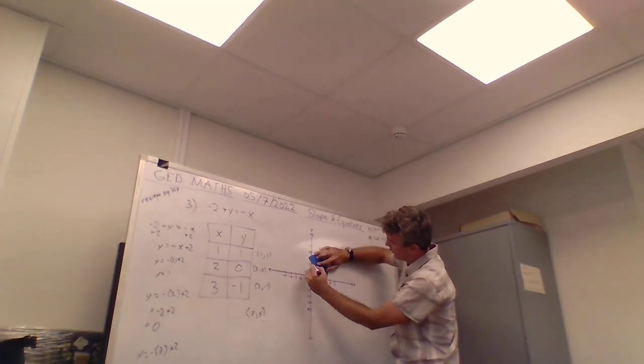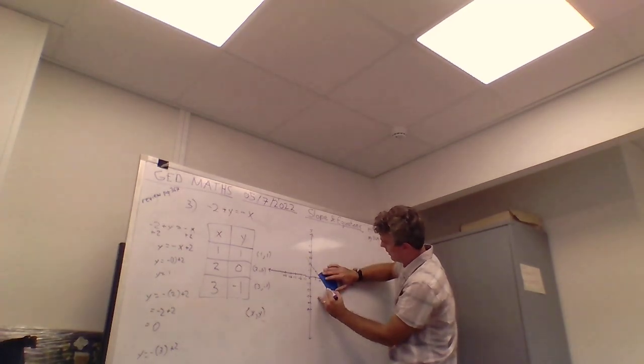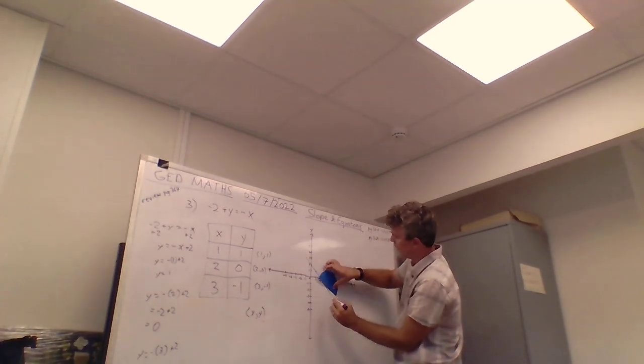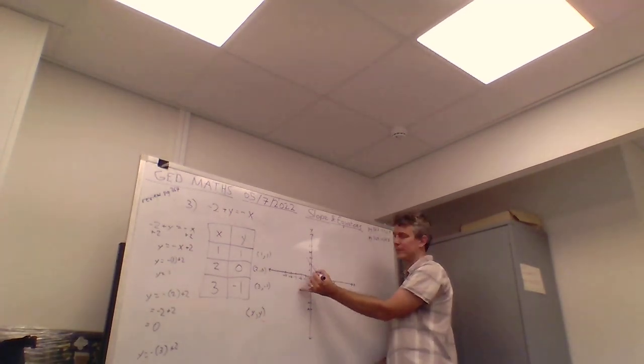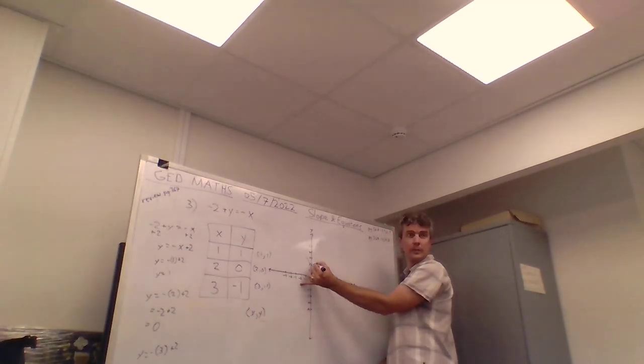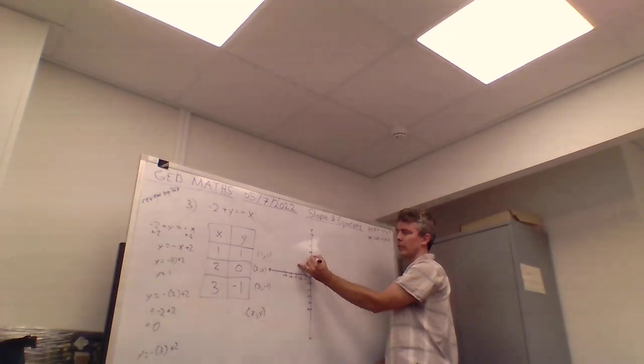As you see, the line would continue. Any of these points are points on the line. So here, 2 and 0. Even here, x equals minus 1, go up, see it goes to 3.